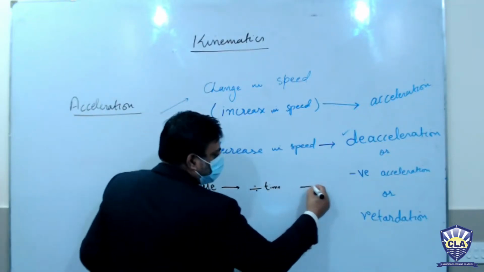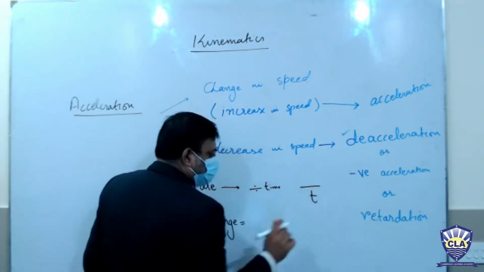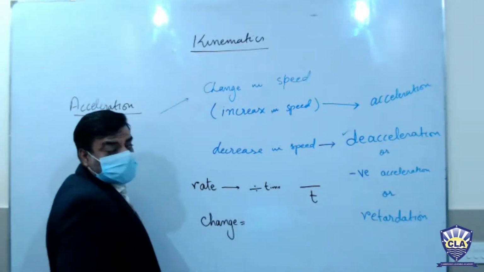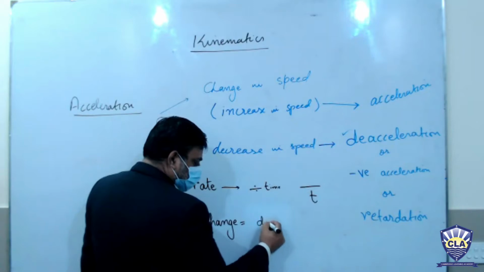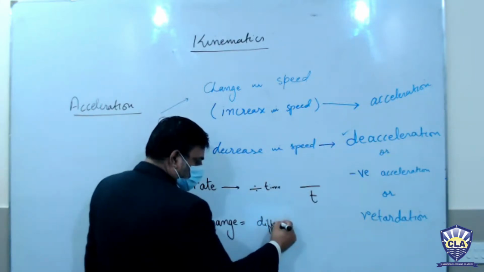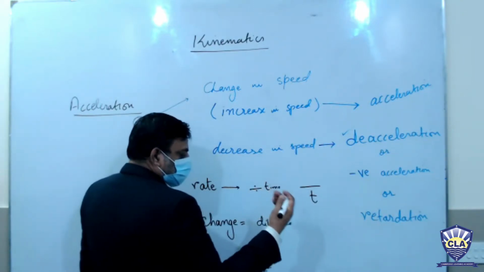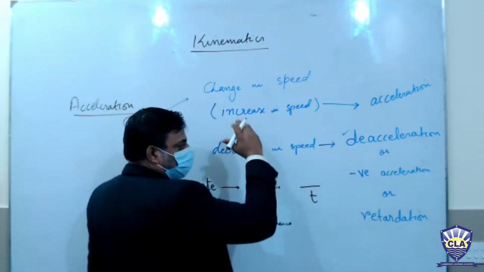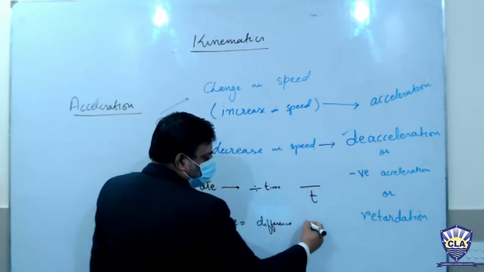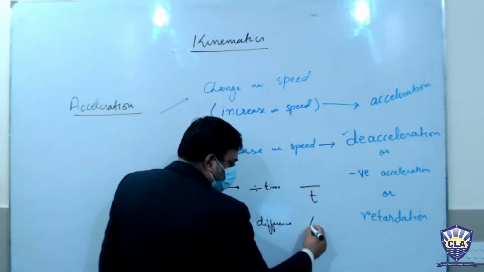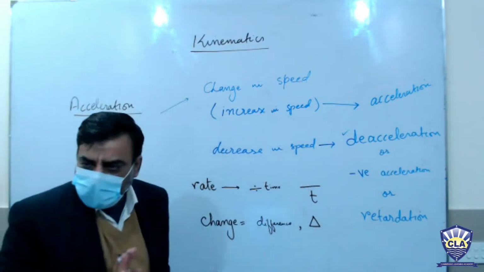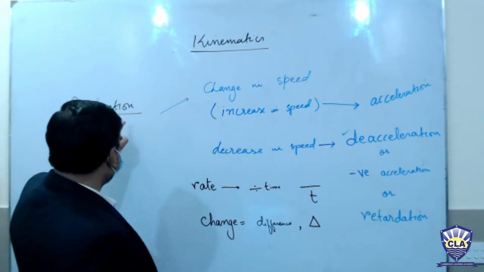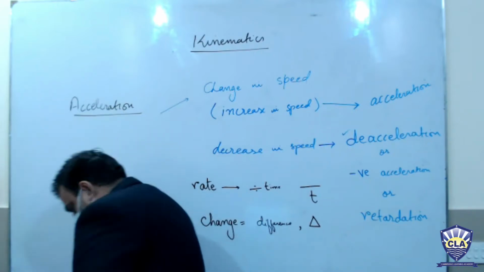That is over t. Change means difference. We will subtract the initial from the final, v minus u, and it is denoted by delta.